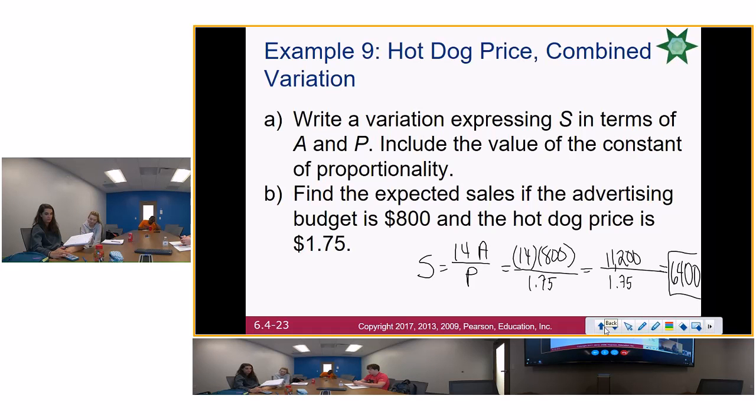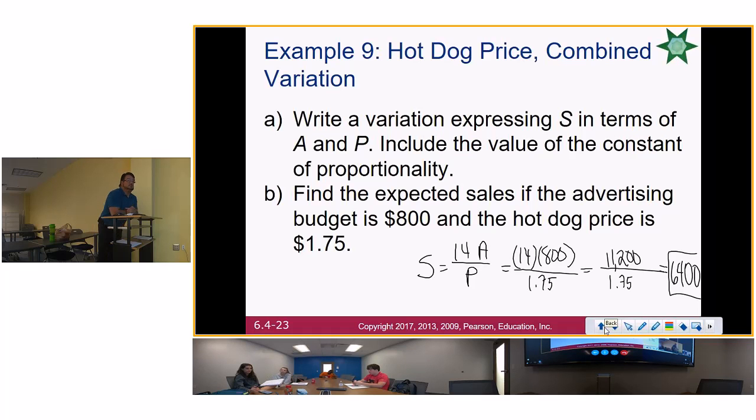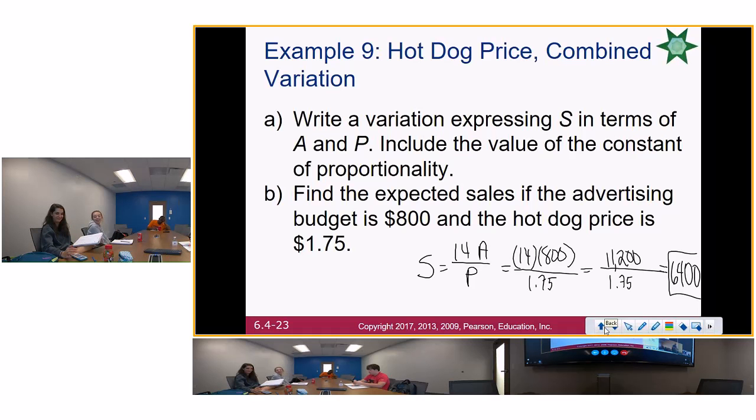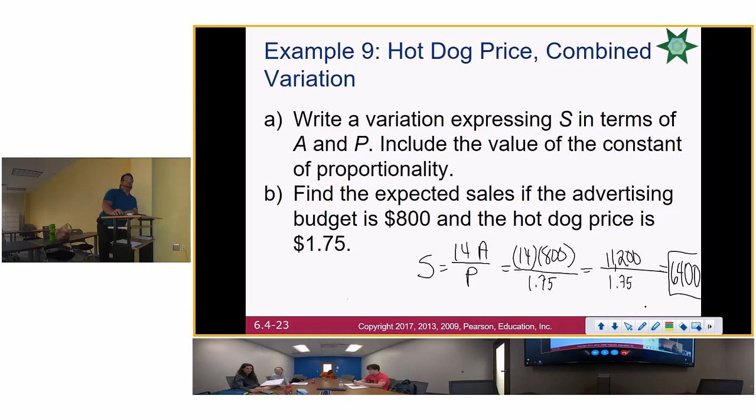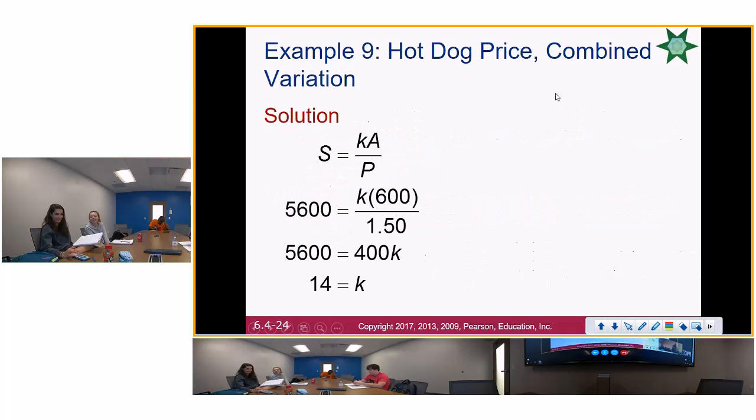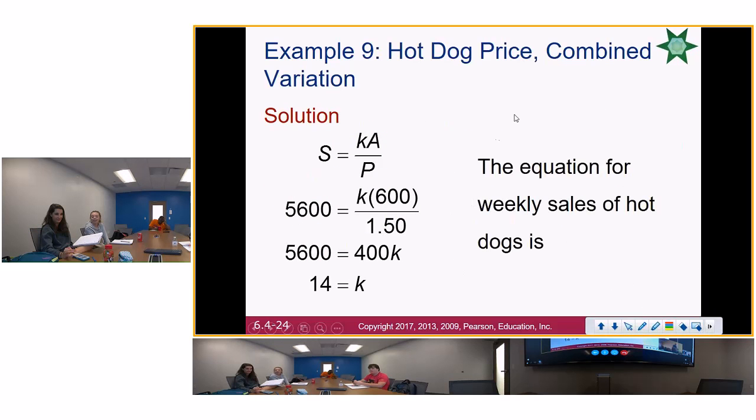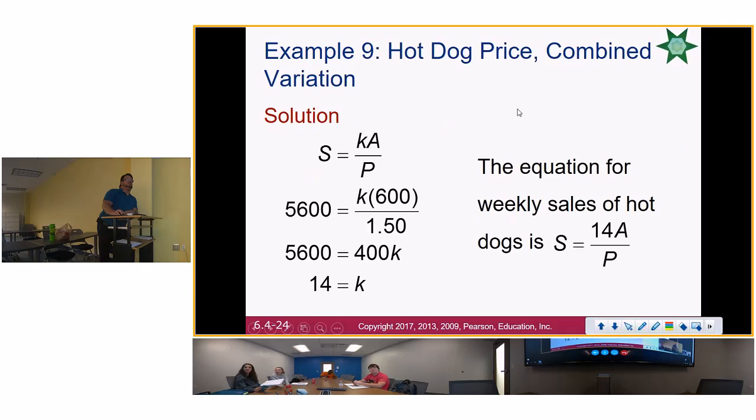You could do that, but it's no big deal. Weekly sales of hot dogs, that would be 6,400. So I thought that was weekly sales. So that'd be 6,400 a week.